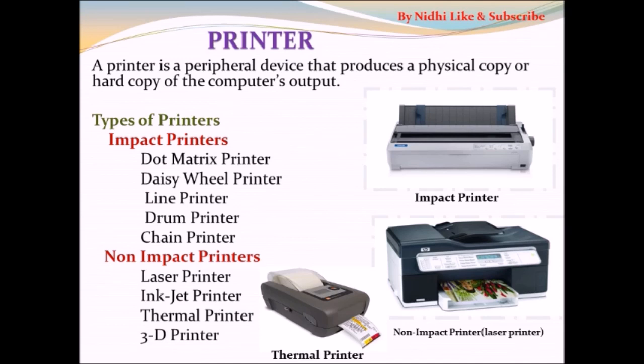Non-impact printers have gained popularity because they are comparatively quieter or less noisy than impact printers and have become better quality providers. They can also produce colored graphics. The non-impact printers are categorized into four categories: laser printer, inkjet printer, thermal printer, and 3D printer.